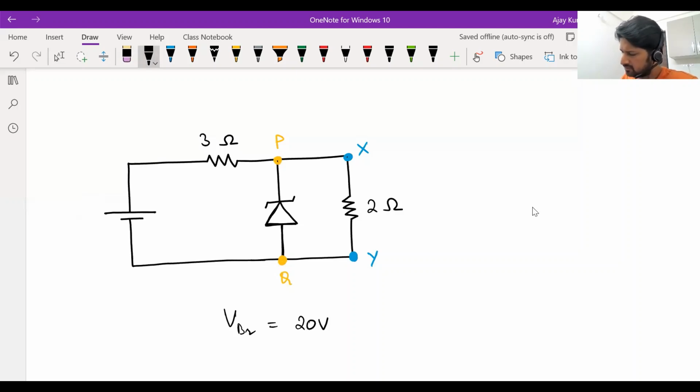It will be easier to split the voltages. Suppose we apply 40 volts. Find out how much is the current flowing through the Zener diode.